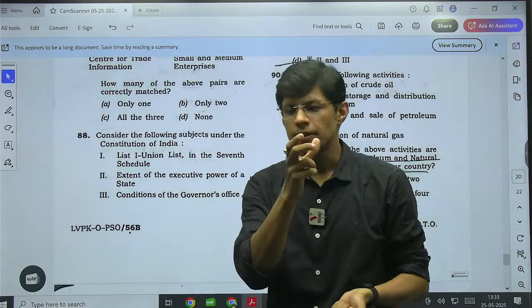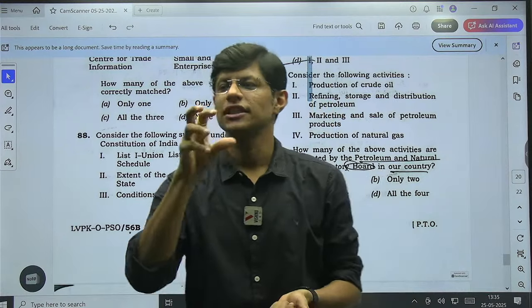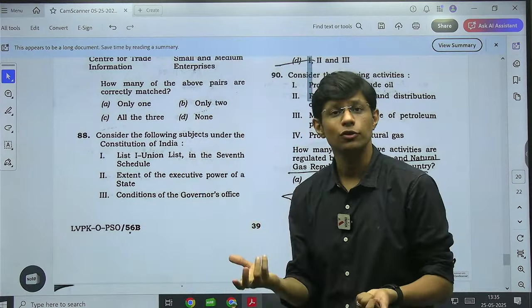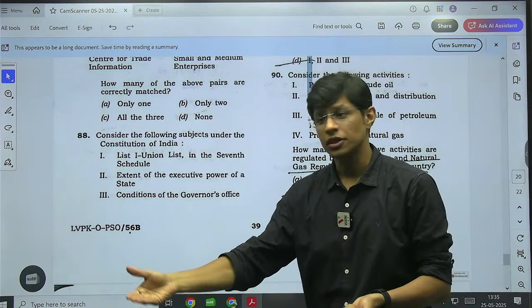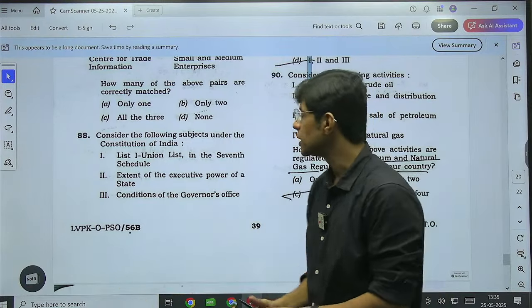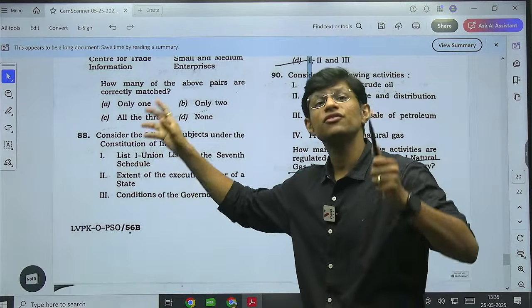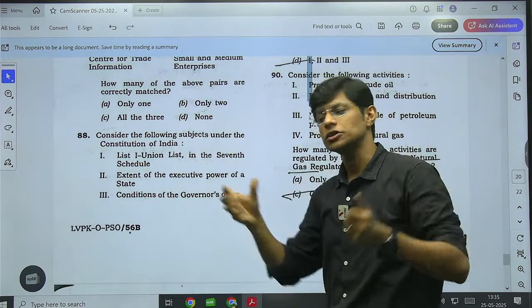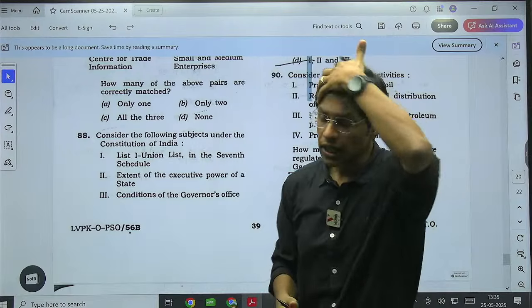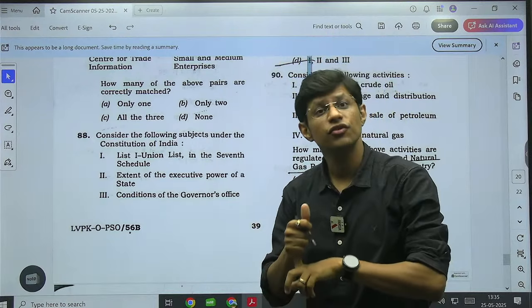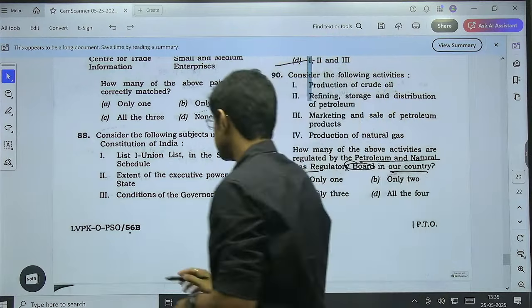Now when a subject has to be transferred, let's say from state list to concurrent list, of course you need the ratification from the state governments, because this disturbs the federal nature of the Indian state, and so ratification of 50% of the states is required.